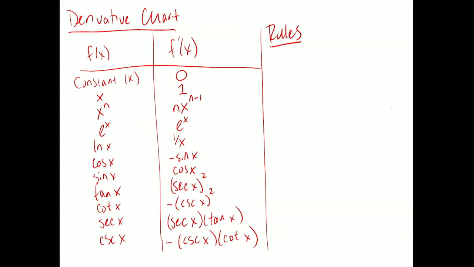I might call the things on the left more like shortcuts, whereas what we're going to eventually have will be 5 rules, derivative rules or laws, you could say, that say, if you've got a this, here's how you do it. Or if you've got something that looks kind of like a that, here's how you might treat that, and still be able to do the derivative in a relatively easy way.